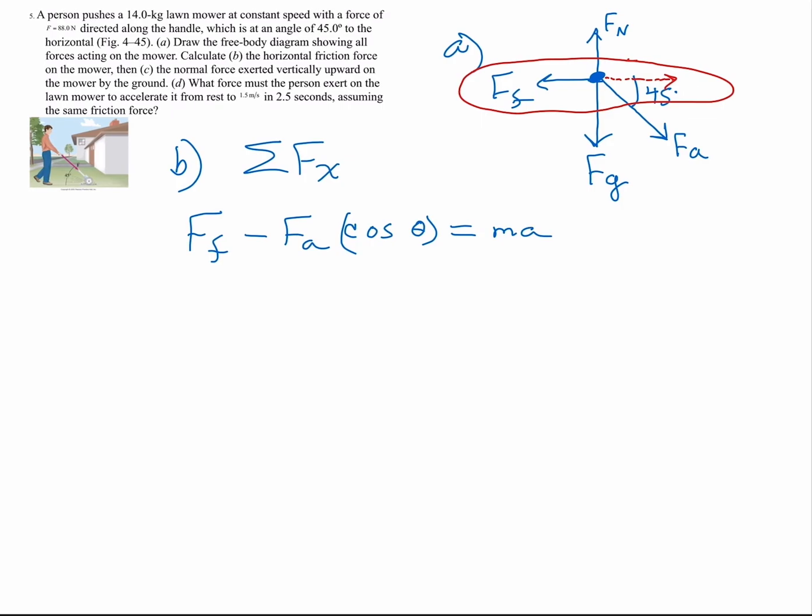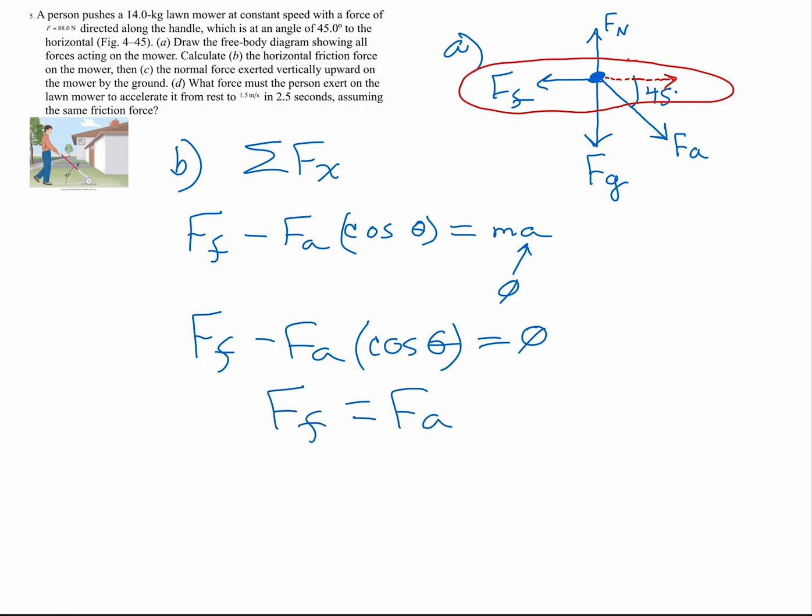However, what makes this problem a little easier is this is 0. So it's going to break down to F_f minus F_a cosine theta equals 0. So therefore, the frictional force equals F_a cosine theta.